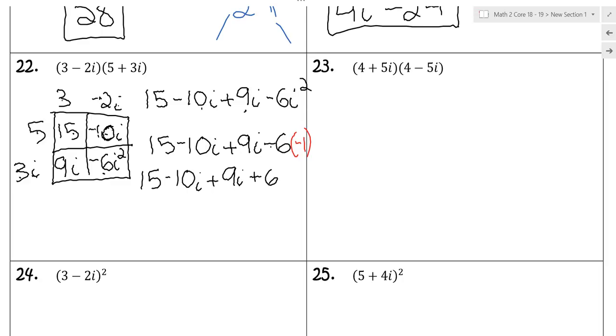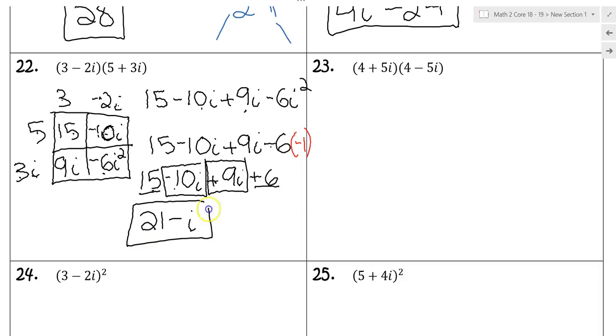Now I'm just combining like terms. 15 plus 6 is 21. Then I have negative 10i and positive 9i, which is negative 1i, or just 21 minus i.